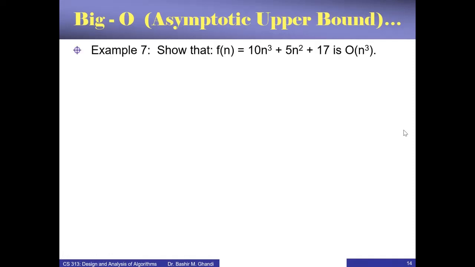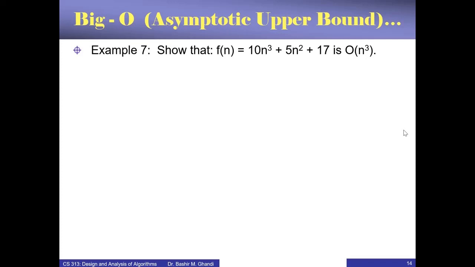Okay, let's take examples like we did for the Big-Theta, although this time we will not take as many because I think we understand the idea. So it says show that Fn, which is equal to 10n cubed plus 5n squared plus 17, is big O of n cubed.